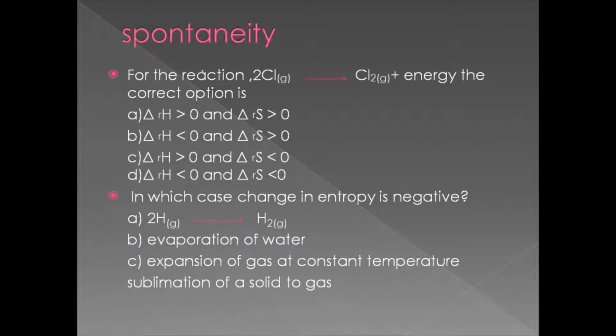The same thing is applicable to non-spontaneous process. It's vice versa. The non-spontaneous process means it should be positive, negative and positive. So you have to remember this one. Coming to the questions, for the reaction 2Cl gives Cl2 plus energy, 2 moles are converted into 1 mole. That means randomness decreases. So delta S is negative, less than 0.